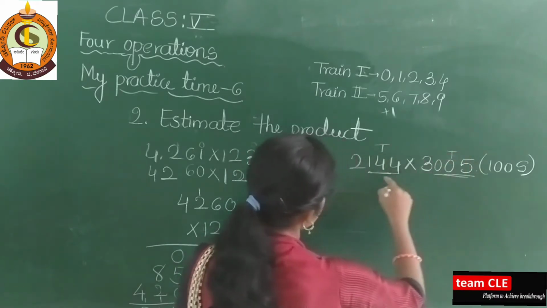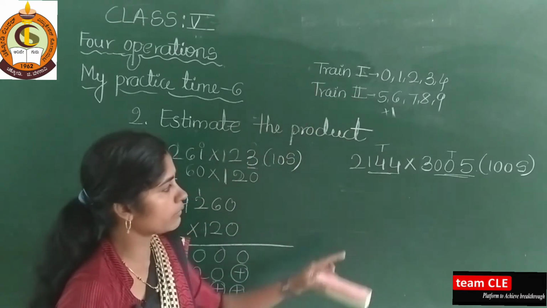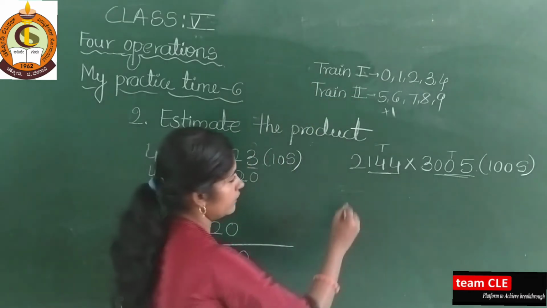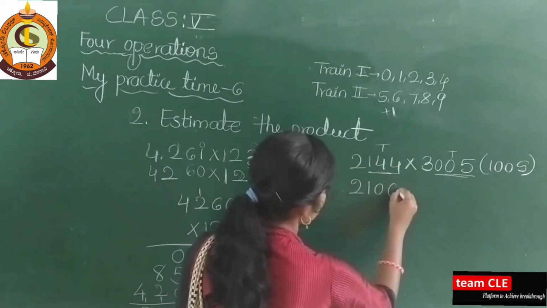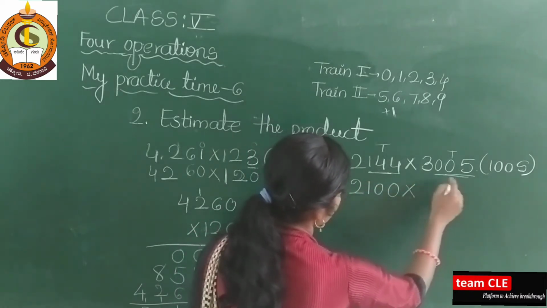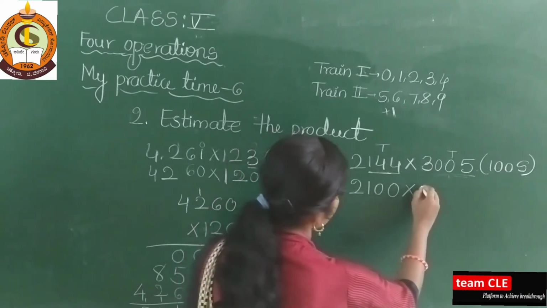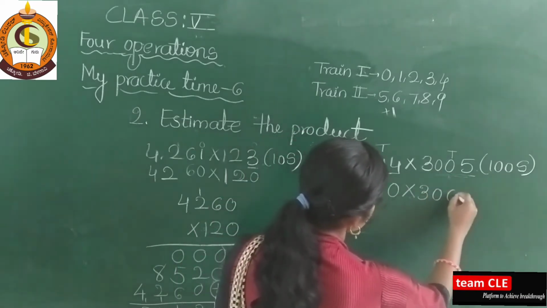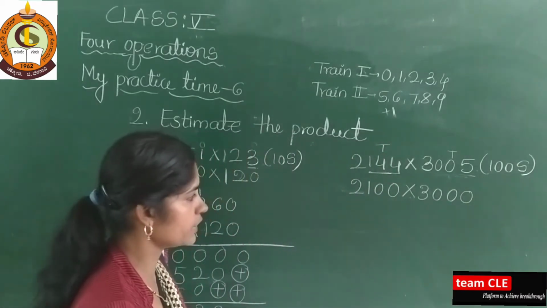Here 4 is there, so that will come in tray number 1, then there is no need to add 1. So its rounded number is 2000. Also here 0 is there, then there is no need to add 1. So the rounded number of 3005 is 3000.